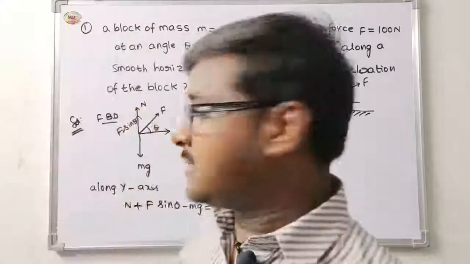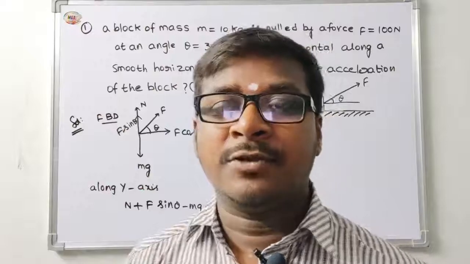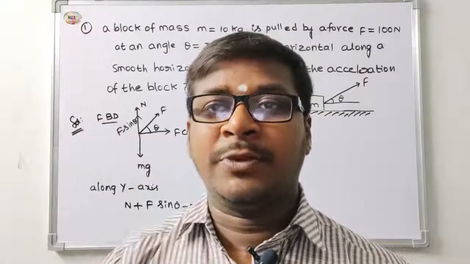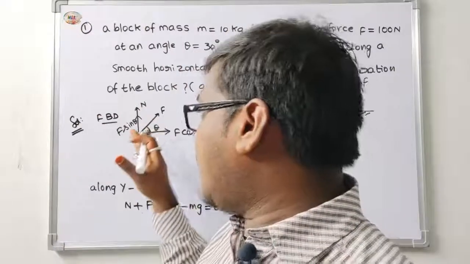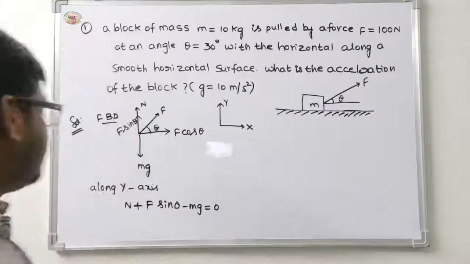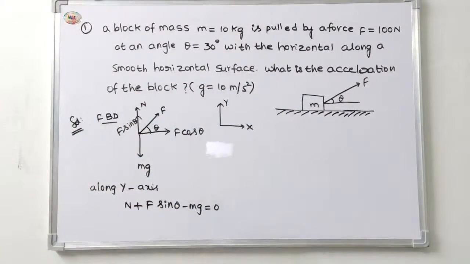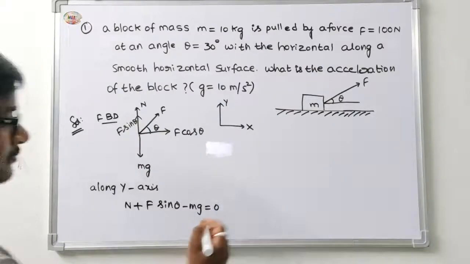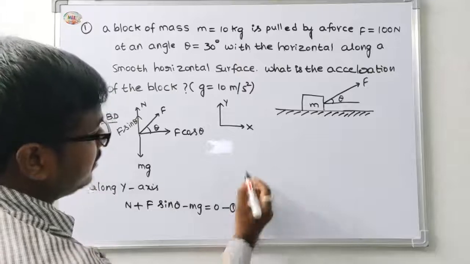So N plus F sin theta minus mg equals 0. This is equation number 1.